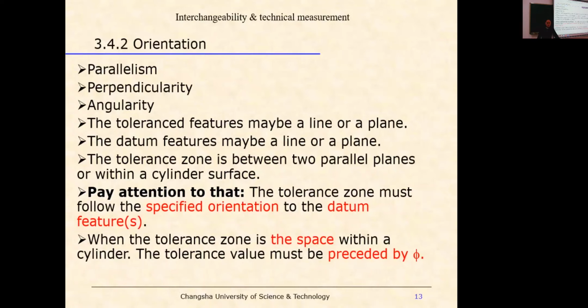When the tolerance zone is a space with a cylinder, the tolerance value must be preceded by the diameter symbol. So, like I suggested before, if the tolerance zone is a cylinder, like this axis, then we need to precede it by the diameter symbol, right?